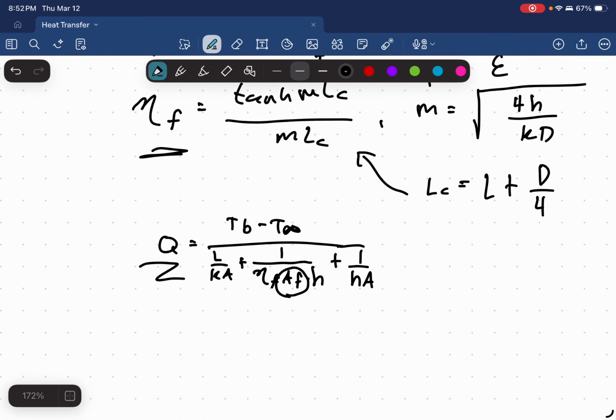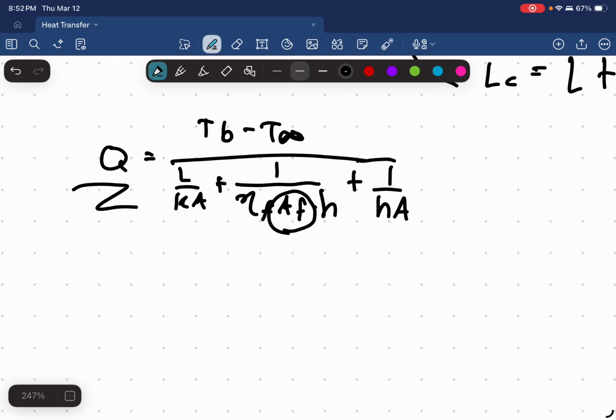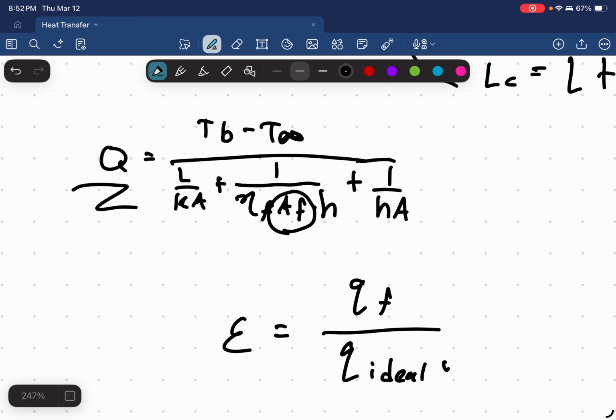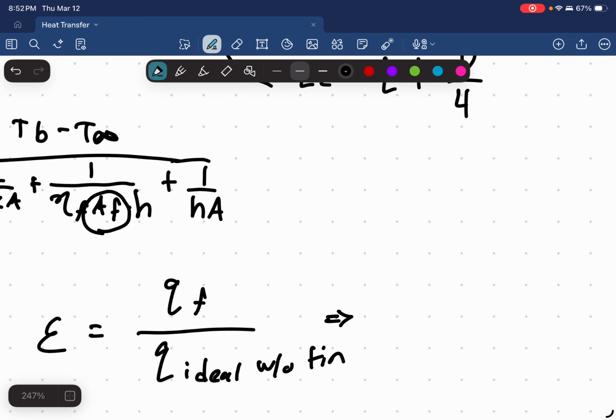Now part C is the effectiveness. This is going to be equal to the heat of the fin divided by the ideal heat, which is without a fin. So this is the same thing as writing this.